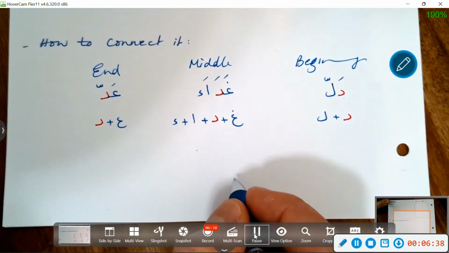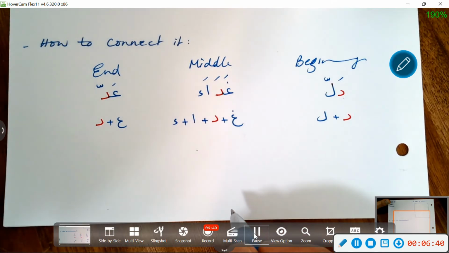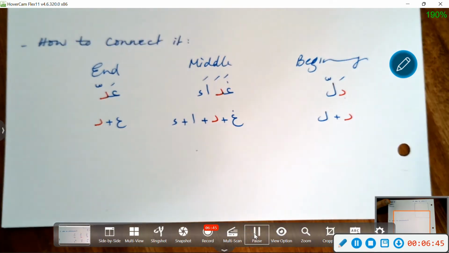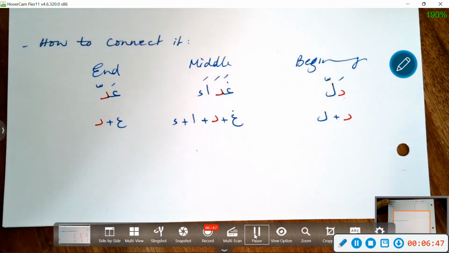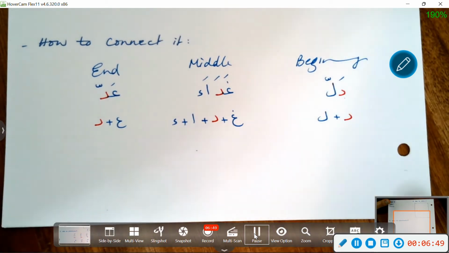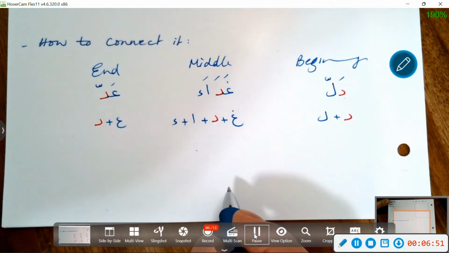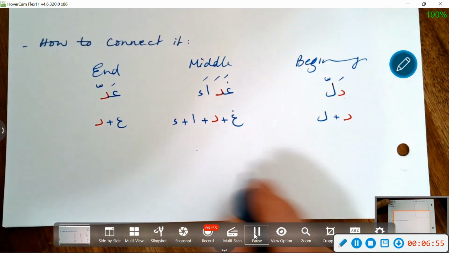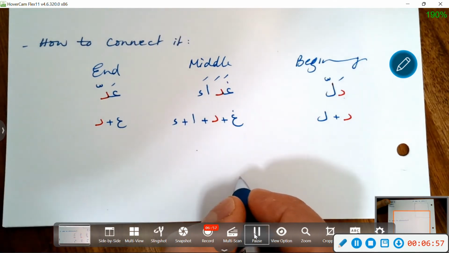I'm going to show you how, and this way you're going to understand why some letters connect and some letters don't connect. Because the Arabic language is very logical. It was designed based on logic and math. So this is what it is.